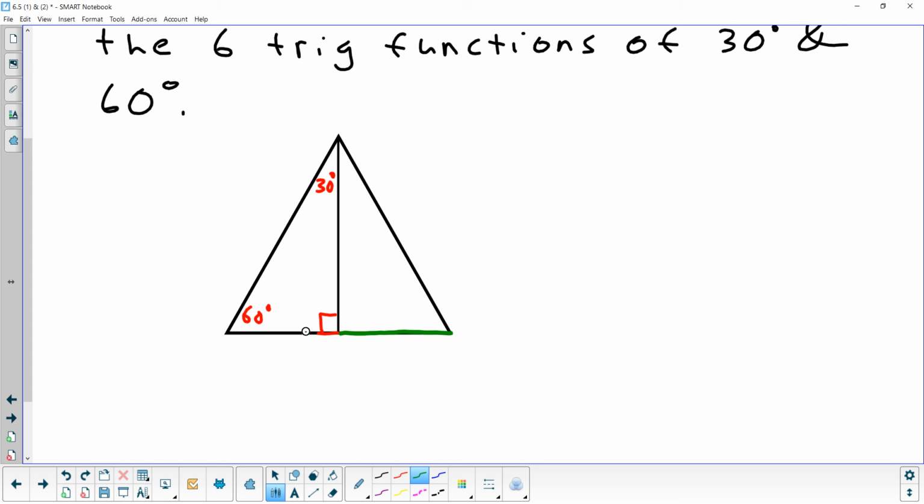So can anybody think of a number we could let each side in the equilateral triangle be? So that we could have a number here and a number here that's the same, and when you add them up, you get the total length of that side. Anybody think of a number that we could let this entire side be?